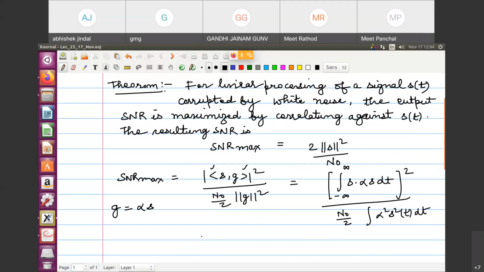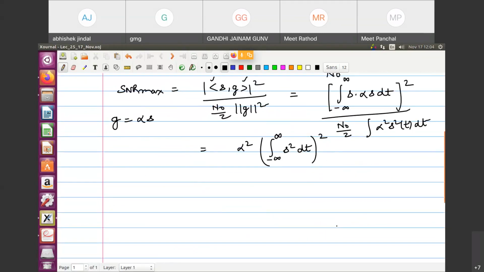So the numerator is alpha squared, integral from minus infinity to infinity of S squared dt, whole squared. Now just remember that the norm of G is the square root of the integral of G squared dt.